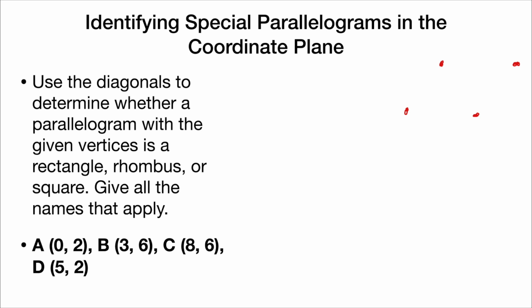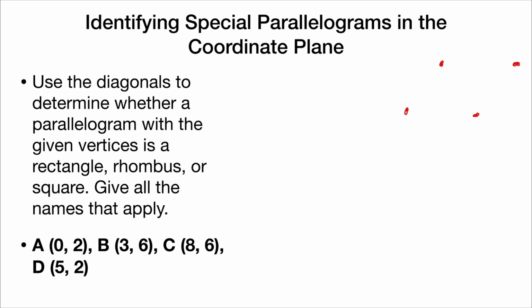If you look, these are definitely going to be some form of parallelogram. So now what we need to do is determine what type it is. I'm going to already just outright say it's definitely not a rectangle, but we're going to prove that in just a second by doing this.